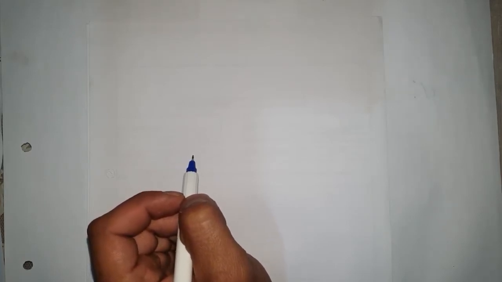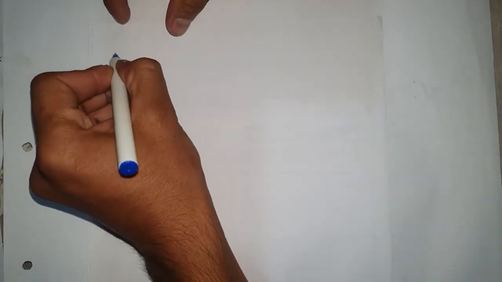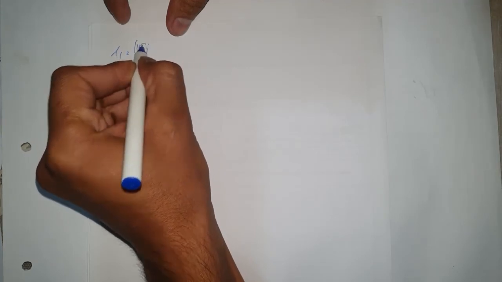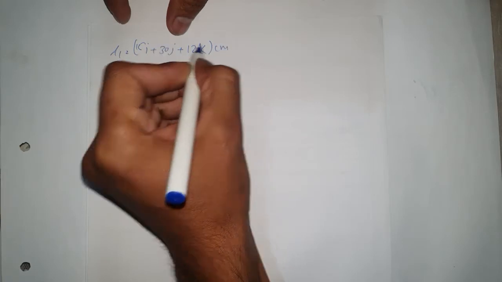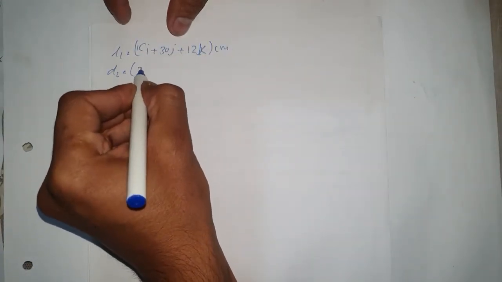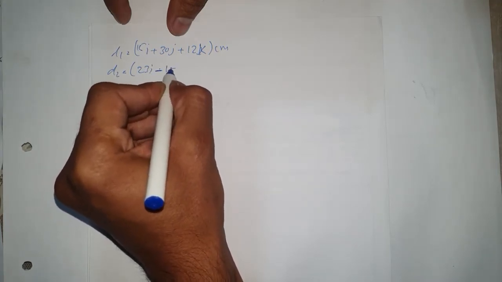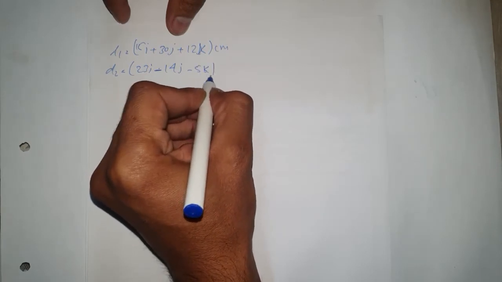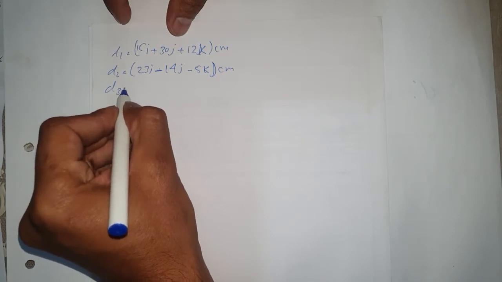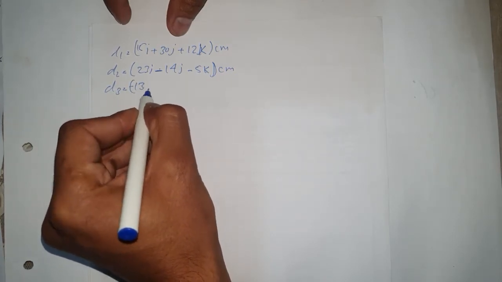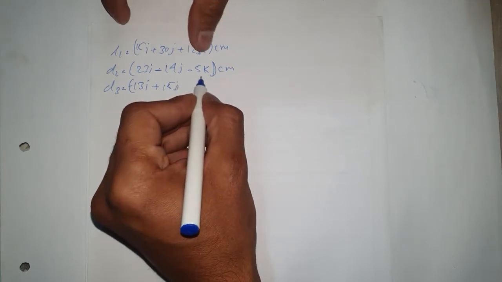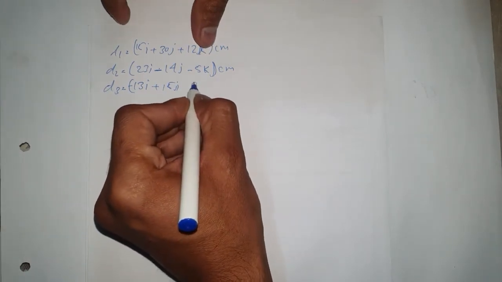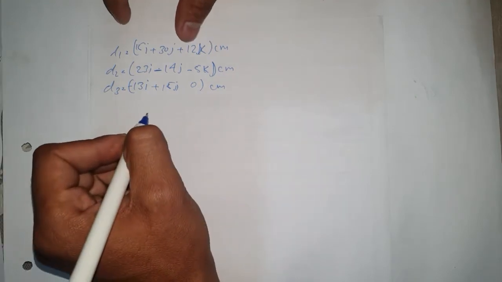In this video we're going to go through another example. A particle has three consecutive displacements, d1, d2 and d3. d1 is 15i plus 30j plus 12k in centimeters, and d2 is 23i minus 14j minus 5k centimeters, and d3 is given as minus 13i plus 15j, and we don't have the k for d3, so we'll just put a 0 centimeter.